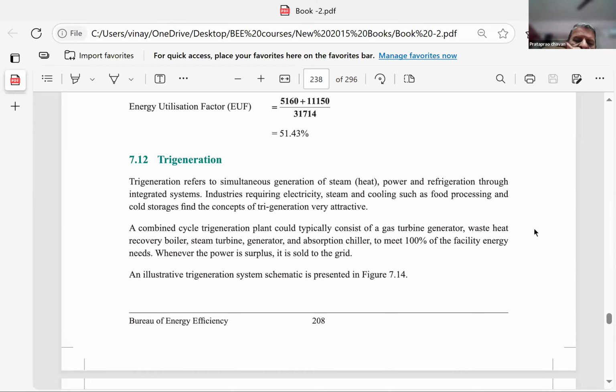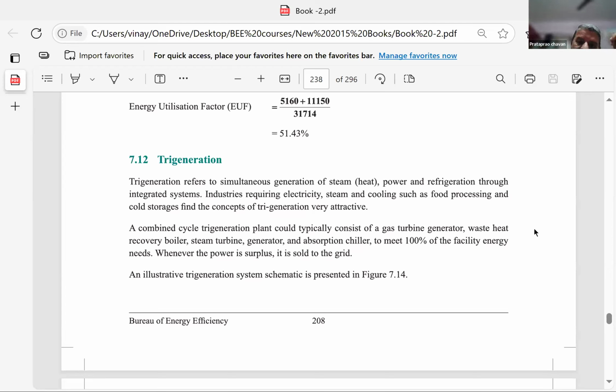Now, what we have so far discussed is cogeneration. That means only two sources we are using. The main fuel source is the heat source. That heat generated is divided into two streams. One stream is electrical, another is the heat for process.